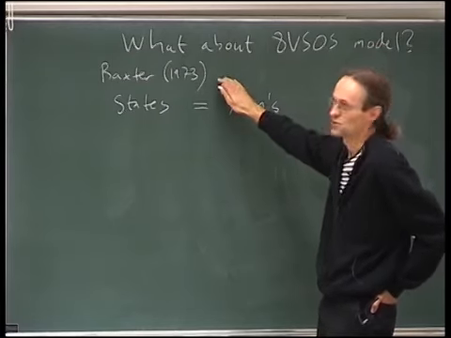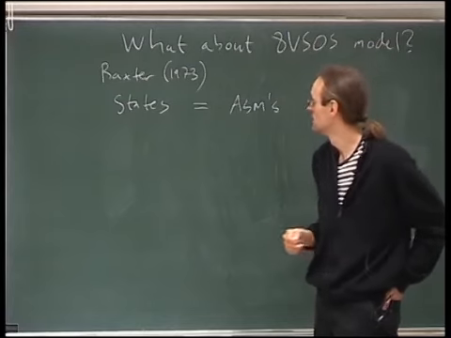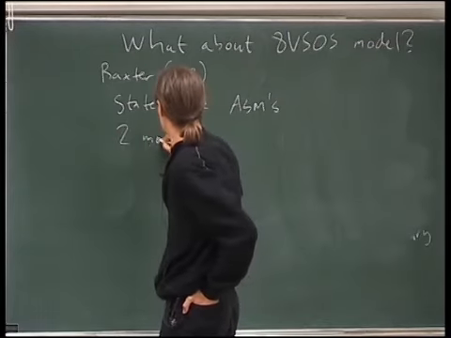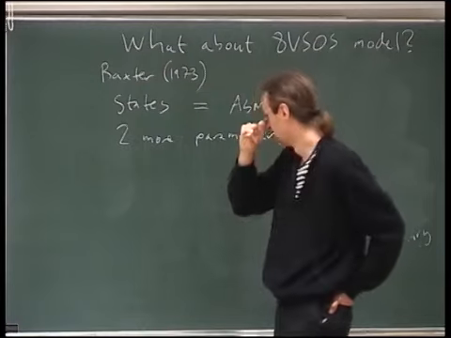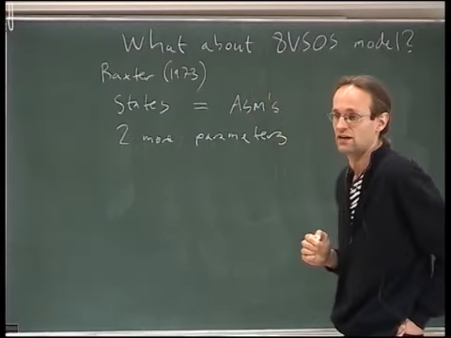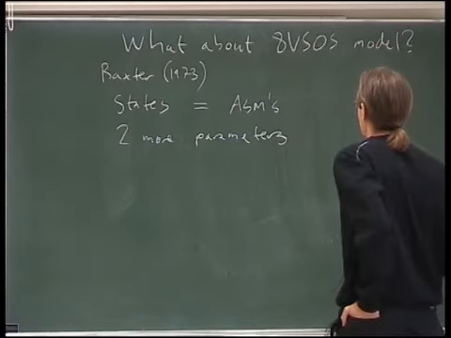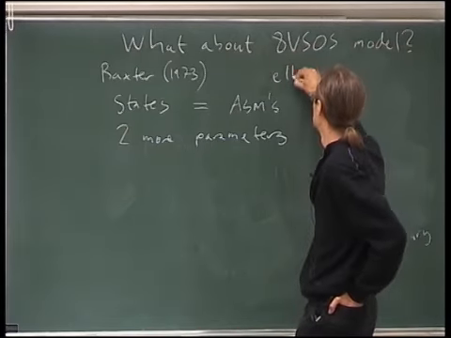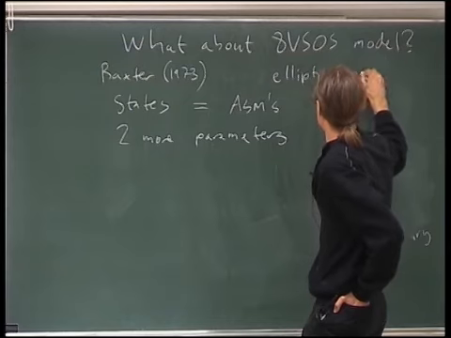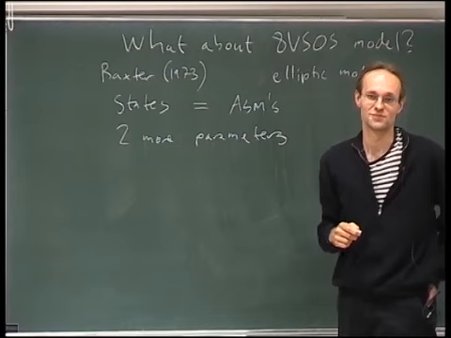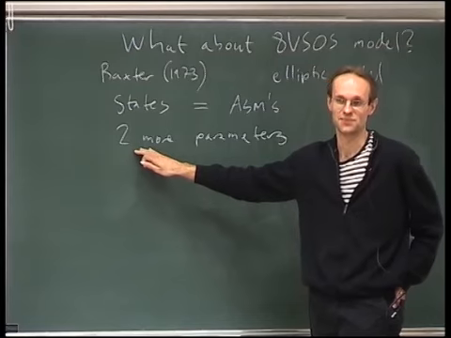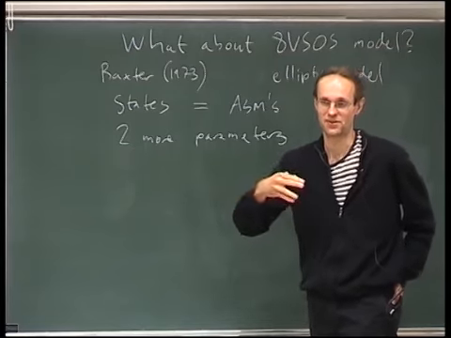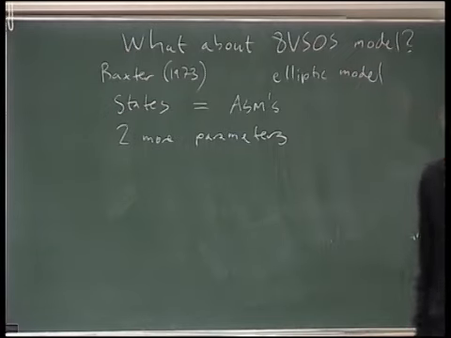What's different here is that we have two more parameters in this model. It's an elliptic model, described in terms of elliptic functions. So roughly that's one parameter that makes it elliptic, and then there's one other parameter which plays quite a special role.